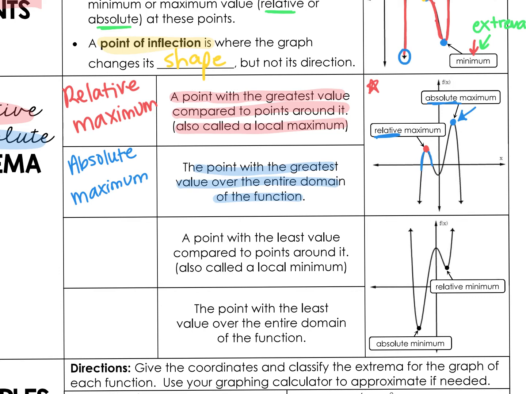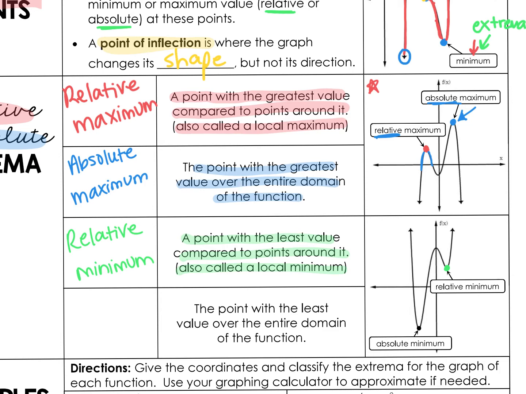All right, similarly, a point with the least value compared to the points around it, also called a local minimum, this is called a relative minimum. So if we look over here at the graph, this is a relative minimum, not because it's the lowest point on the graph, because it's obviously not.